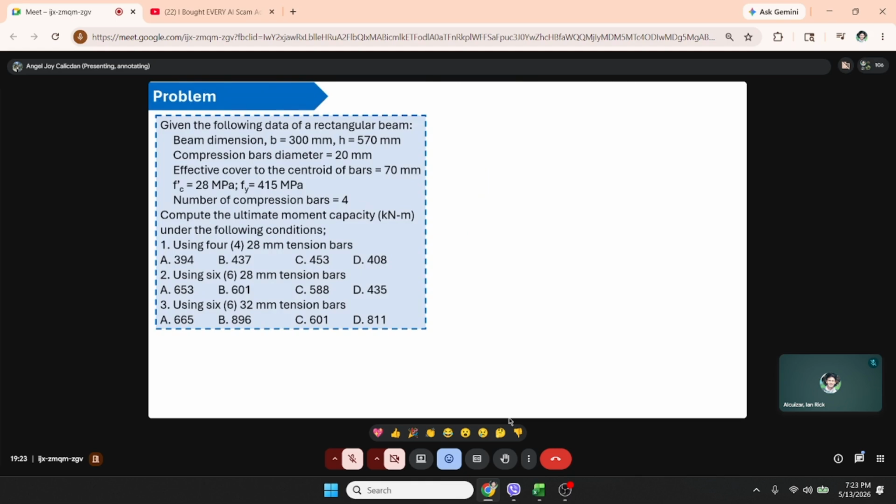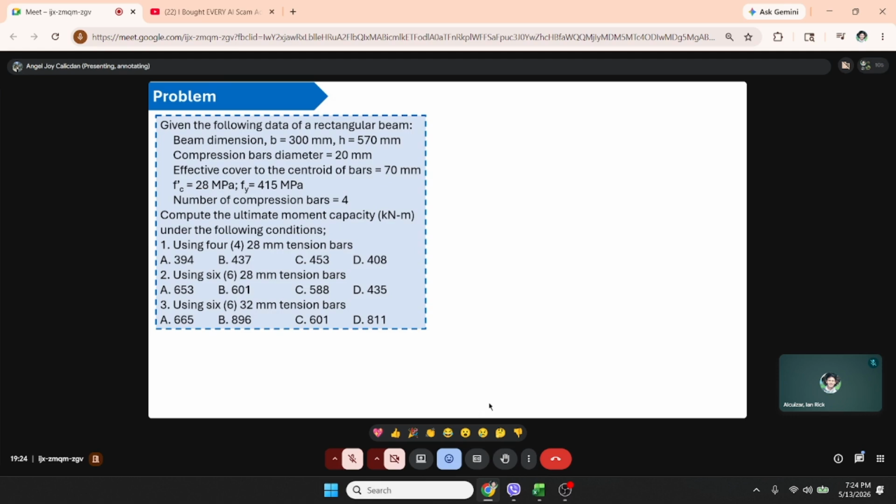So for our problem, given the following data of a rectangular beam: dimensions B is 300, H is 570, compression bars diameter 20, effective cover to the centroid of bar 70, FC prime is 28, Fy is 415, number of compression bars is 4, and we have to compute the nominal moment capacity.